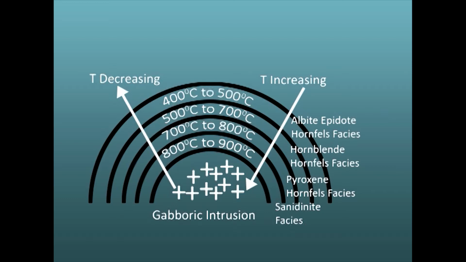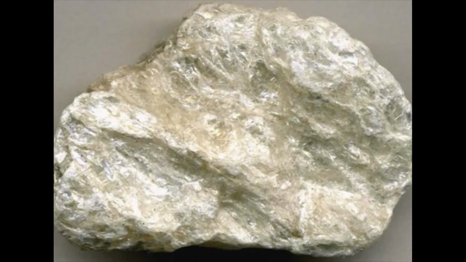At immediate contact we can observe sanidinite facies, while at the outer fringe we can see the Albite, Epidote, Hornfels facies.